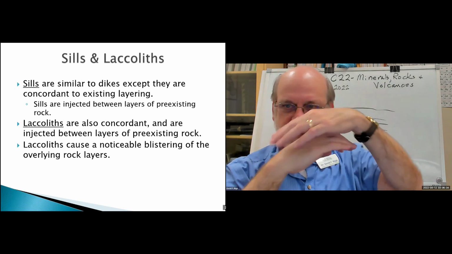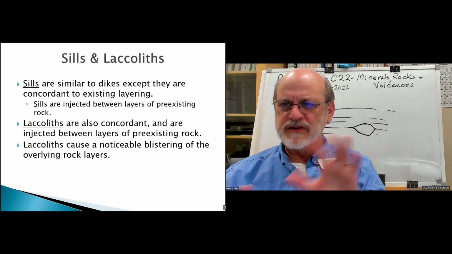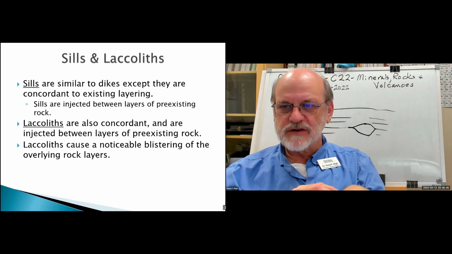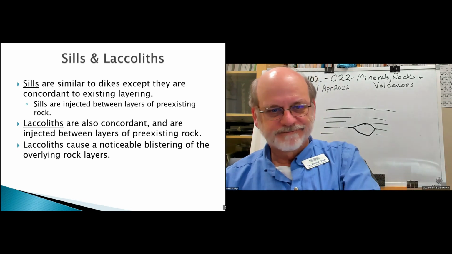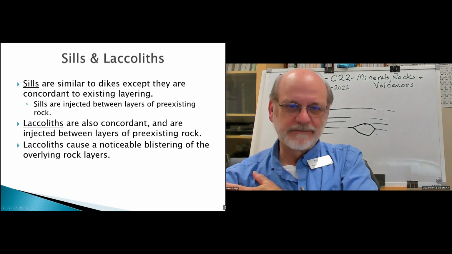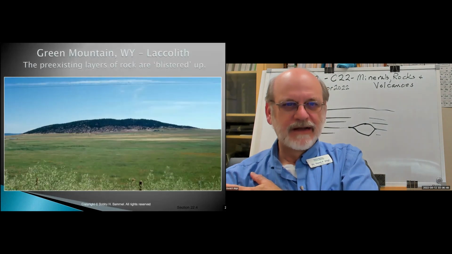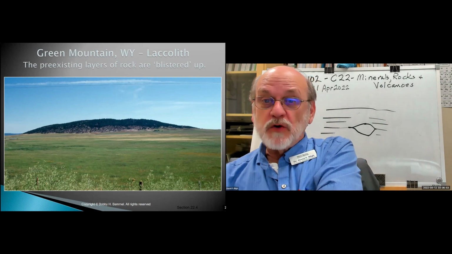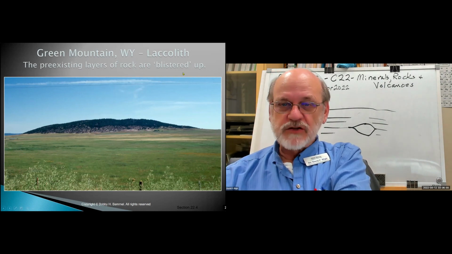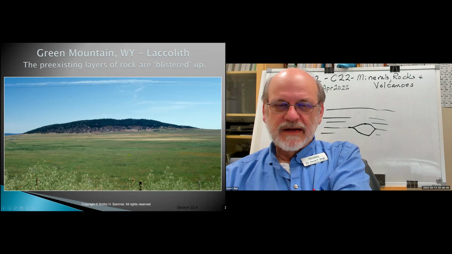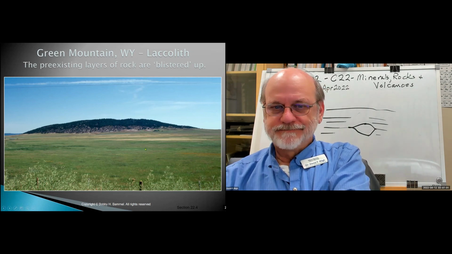That's the blistering effect. Everybody's had a blister somewhere or other. It tends to bulge up and eventually it'll pop. Well, the rocks don't do that, typically. Okay, here's an exposed laccolith. And you see it's blistered up in Wyoming.